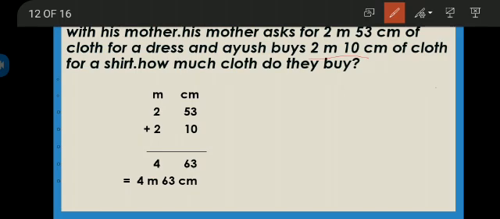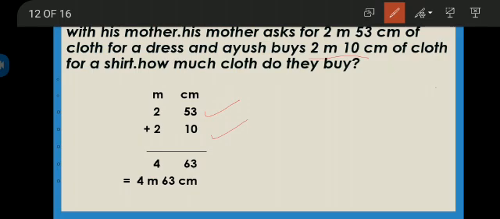How much cloth do they buy? So students, here the data is given. His mother asks for 2 meter 53 centimeter of cloth for a dress, and Ayush buys 2 meter 10 centimeter of cloth for a shirt. Now what you have to do here?